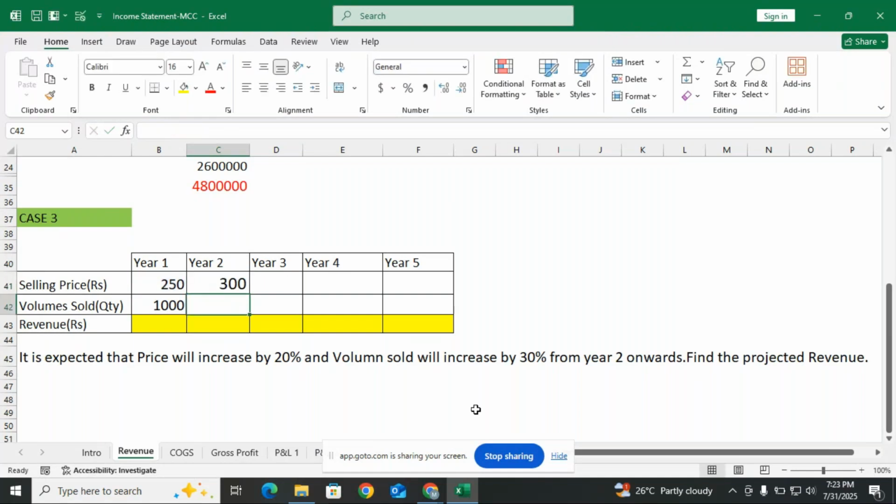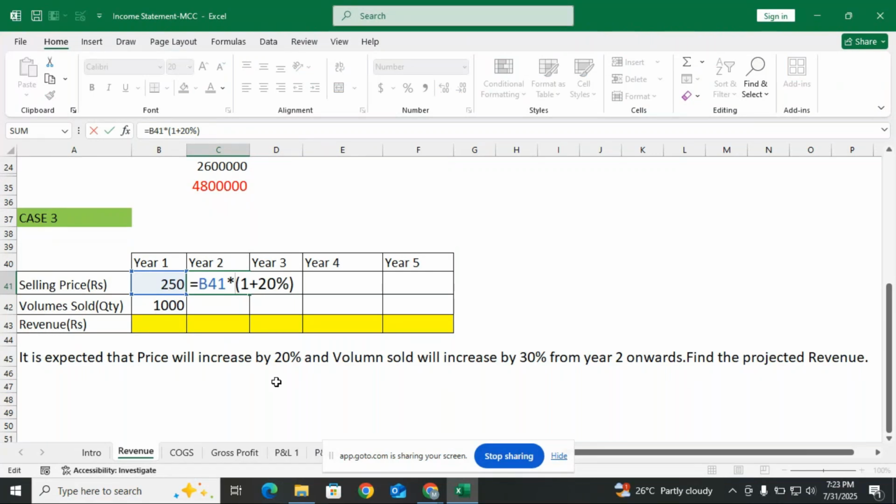That's it. So equals 250 into 1 plus 20%. The reason it is given as 1 plus is, if I give 250 only into 20%, I'll get the increase, which is 50 rupees. But if I want the increased value, I will do 1 plus 20%.